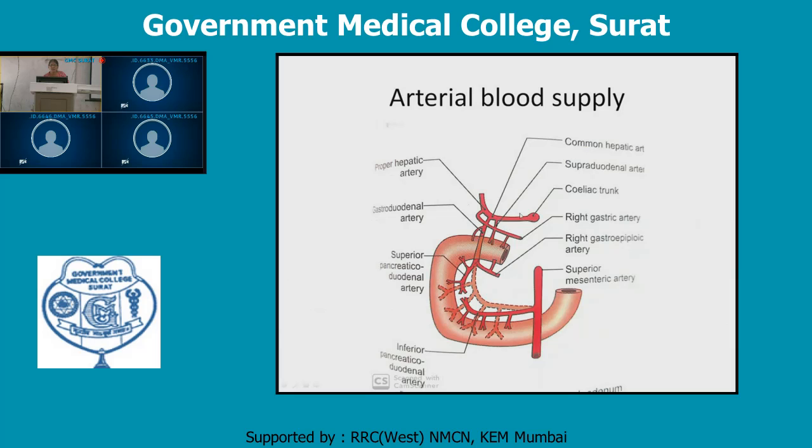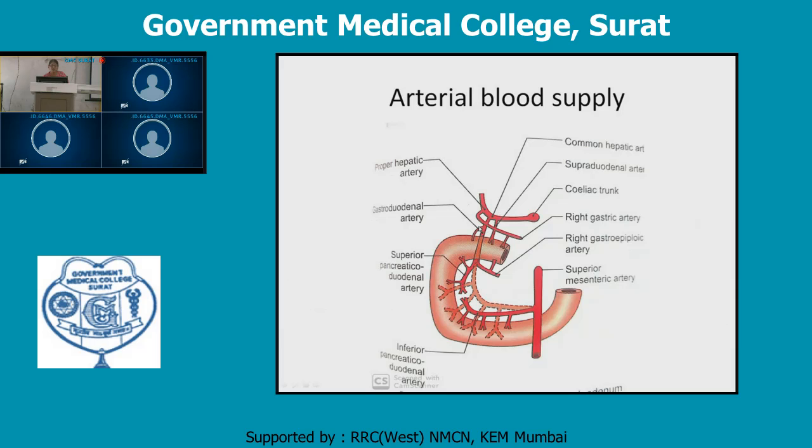And this is the branch from the hepatic artery, right? You can see right gastroepiploic artery also supplies the first part of the duodenum. So these are additional supply to the first part of duodenum from right gastric, from right gastroepiploic, from hepatic artery, and even from the gastroduodenal artery.